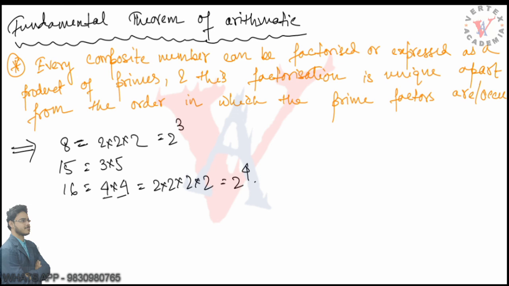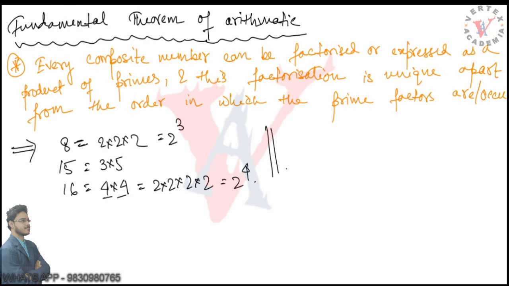So what this theorem states is that every composite number, that means any number, since all numbers are composite except 1, can be represented as a product of prime factors. To understand this, think of it this way.